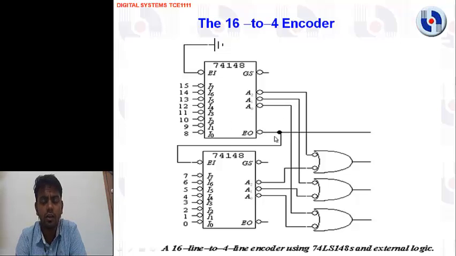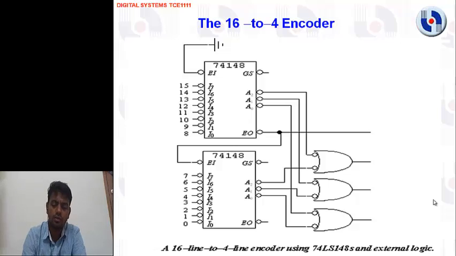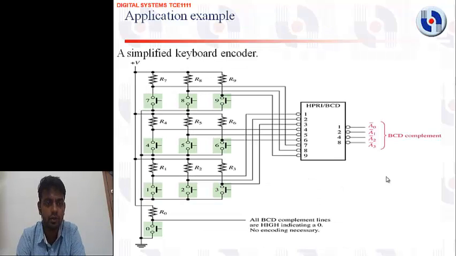This enable output is given as the enable input to the second encoder. By this way, the signal is transferred to the second encoder, and as per the respective input, the output will be generated. By this way, we can design our own encoder over a very wide range as per the application required.